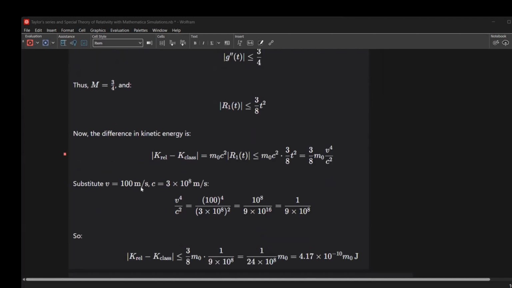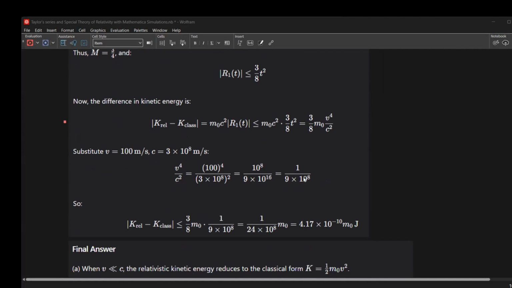Since v equal to 100 meters per second, c equal to 3 times 10 to the 8 meters per second, the speed of light, we have the ratio v to the fourth over c squared equal to 1 over 9 times 10 to the 8.